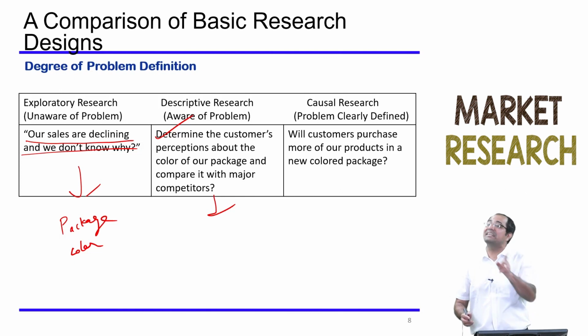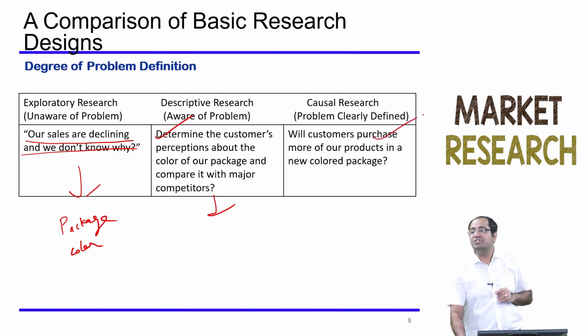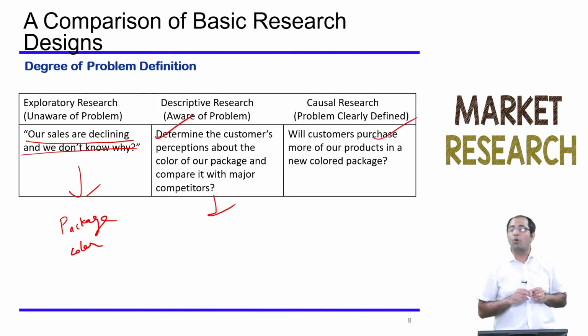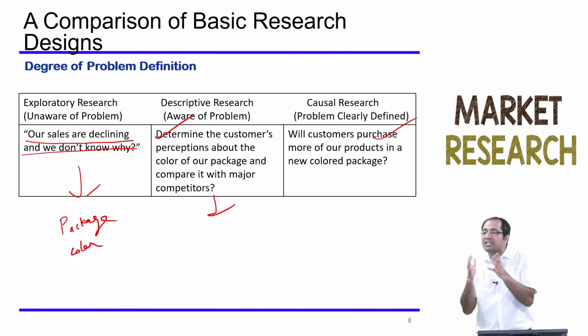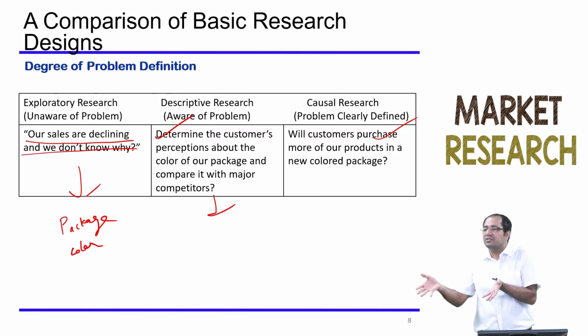So you can conduct causal research, asking whether customers will purchase more of our products in a new colored package. You have three or four samples. You can either conduct a field experiment or a lab experiment. You have three or four new packages.